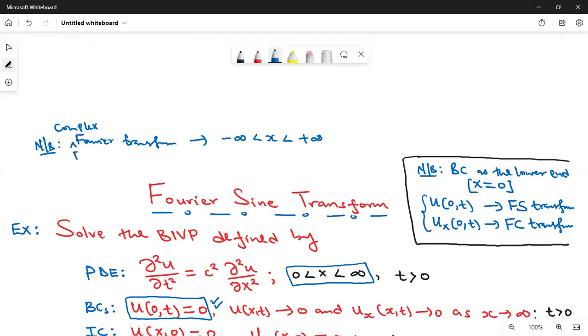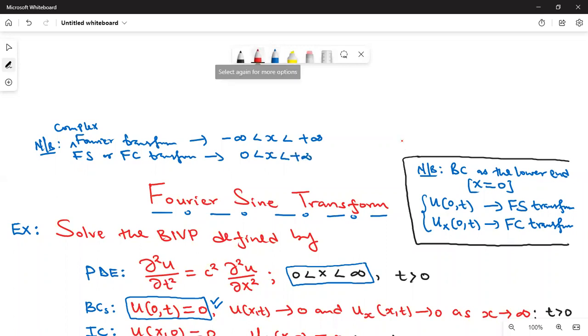But when we talk of the Fourier sine transform or Fourier cosine transform, the domain is semi-infinite, from 0 less than x less than positive infinity.